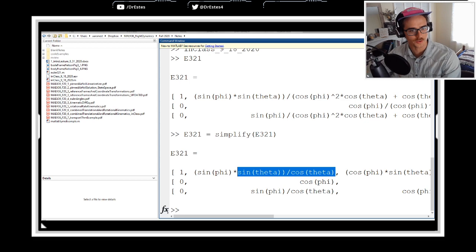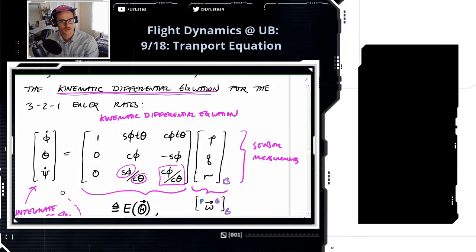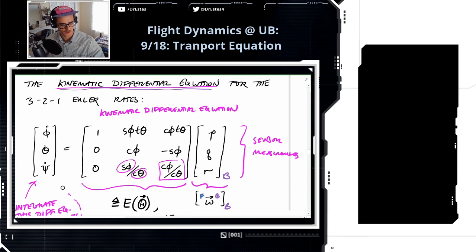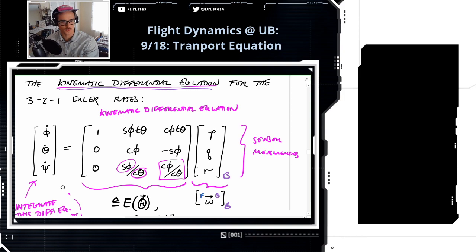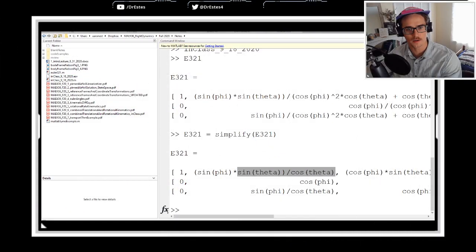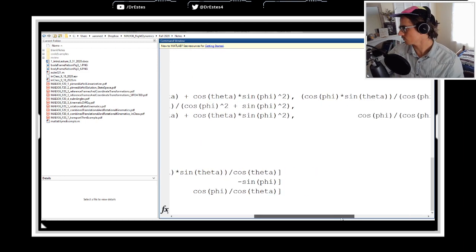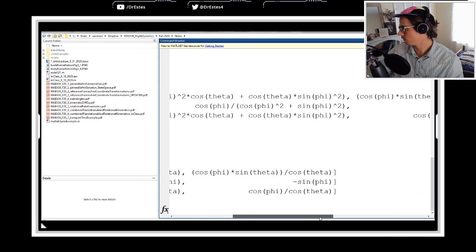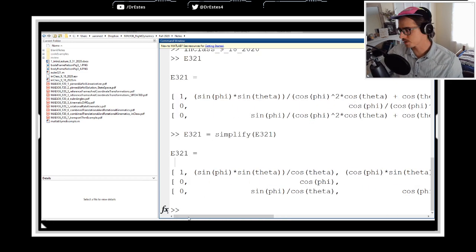If I go back to this one, I know that I should have sine phi times tangent theta. Cool. In Matlab, I have sine phi times sine theta over cosine theta, so that is tangent theta. Okay. So we took the inverse of that matrix.